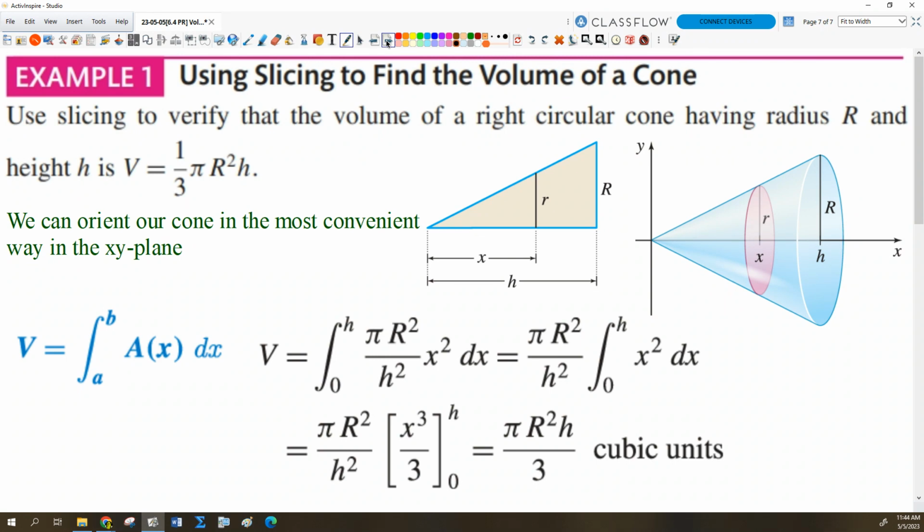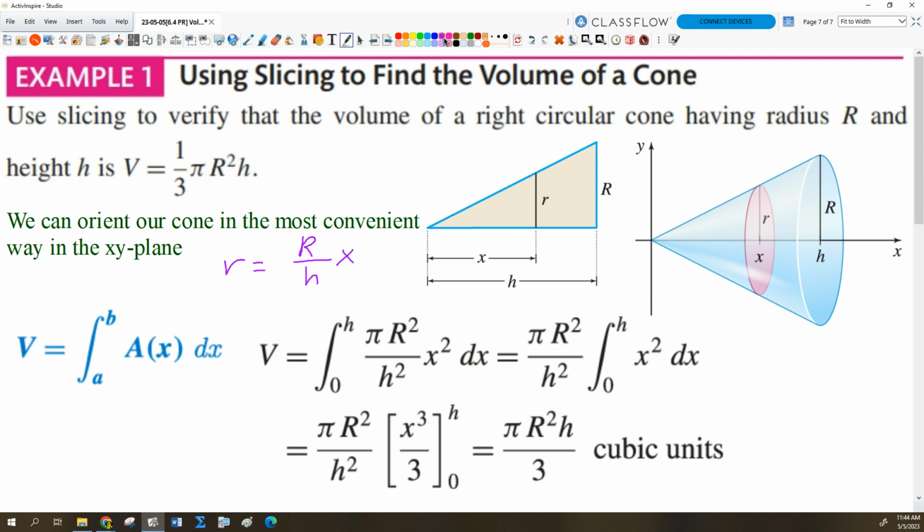That's what we need, isn't it? The radius of a cross section, little r, would just equal big R over h times x, right?